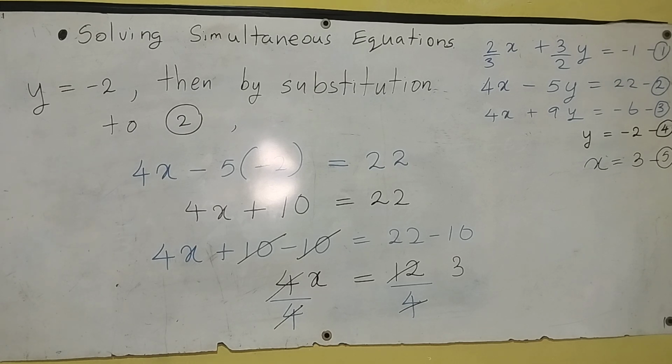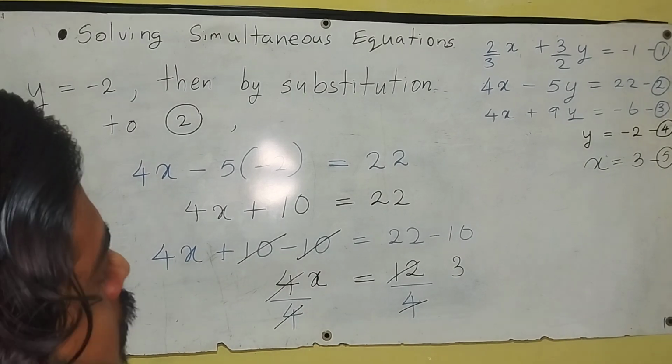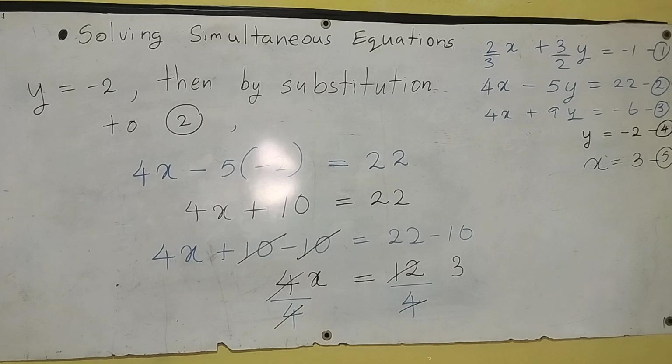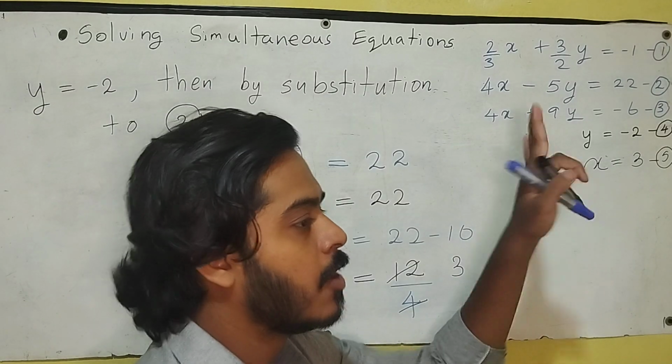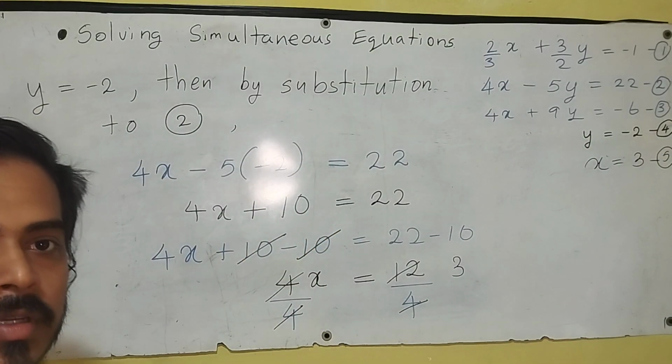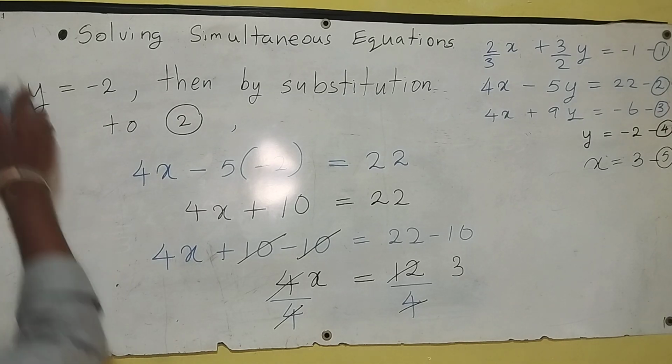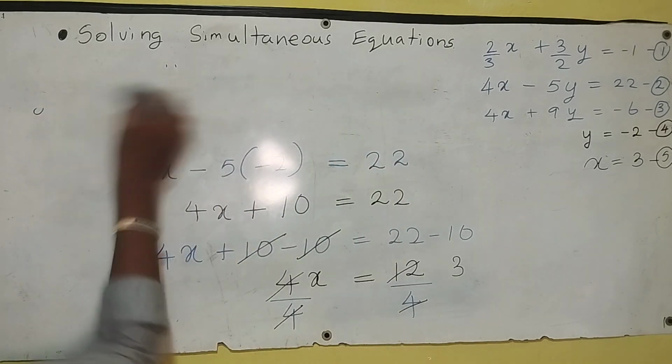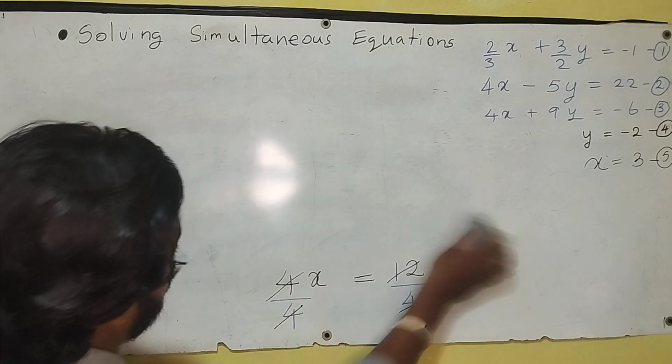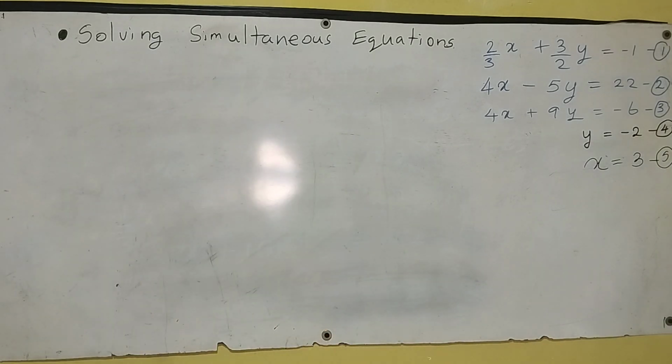Here I have already found the unknown values. If you want to know whether the found values are right or wrong, what to do? Look at the board carefully. Write down any equation.